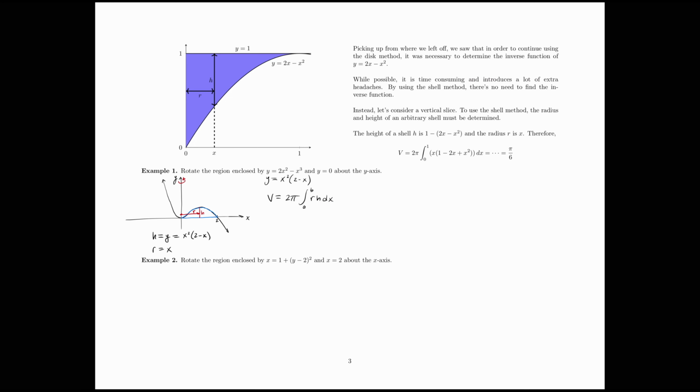With discs and washers, there's this notion of sameness. If you're rotating about a horizontal axis, you will integrate with respect to the horizontal variable. Where when it comes to shell method, it is an opposite sort of phenomenon. If it's a vertical axis we're rotating about, then we would integrate with respect to the horizontal variable.